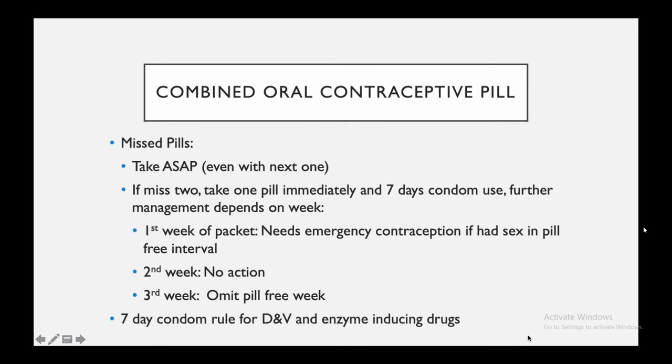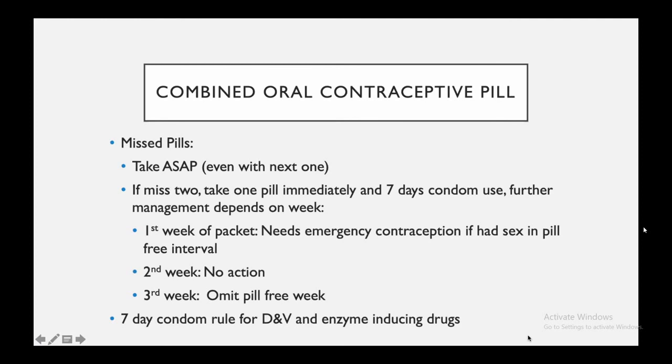So if you miss your first week packet, you need emergency contraception if they have had sex in their pill-free interval. If they've missed their pill in their second week, then no action is required. And in the third week, tell them to omit their pill-free week and continue on that cycle to the next month.